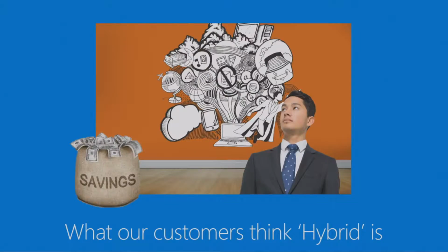Our customers see hybrid as: I've got a huge, complex on-premise infrastructure, I want to move that to the cloud but retain control over it myself. Obviously, I want to save money because on-premise infrastructure is expensive.